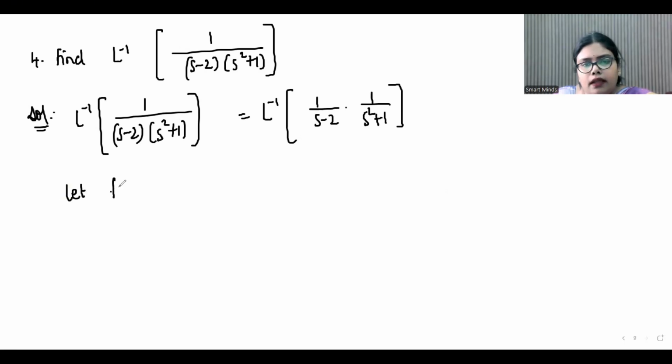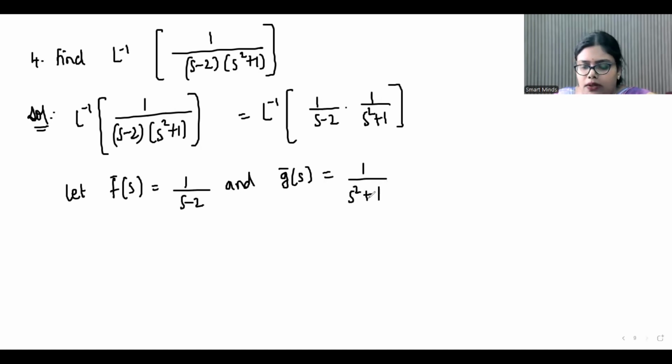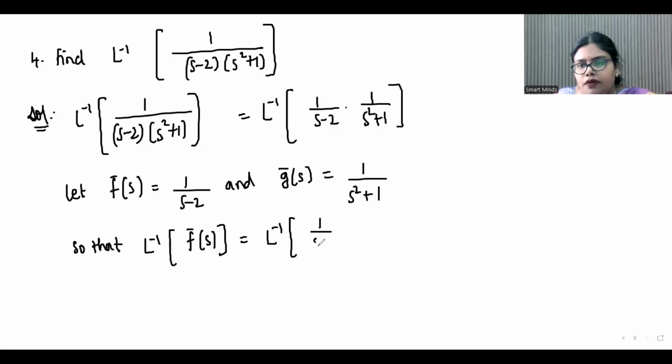Let f bar of s be 1 by s minus 2 and g bar of s be 1 by s square plus 1. So L inverse of 1 by s minus 2 is equal to e power 2t, which is f of t.